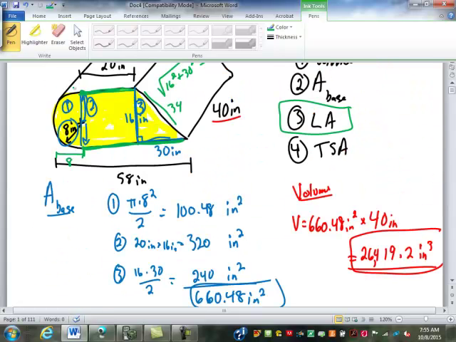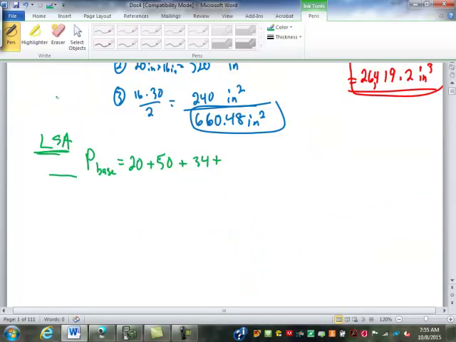Then I still need to add the arc of this half circle. So that's going to be pi times 16 divided by 2, which is about 25.12 inches. Correct? So that all adds up. 129.12 inches is the perimeter of my base.